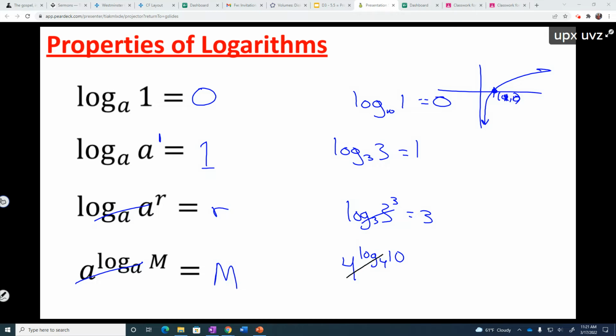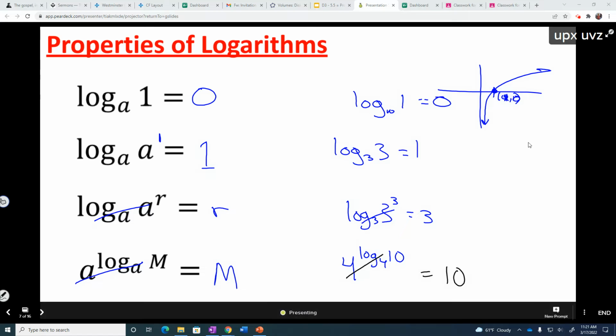The log base 4 and 4 cancel into just 10. So those are the easy properties, the ones that just seem like they would be whatever it is.